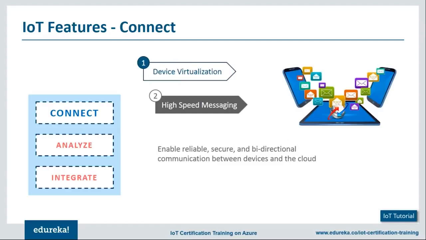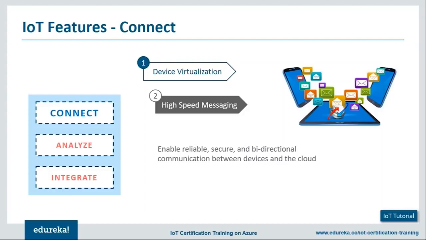Next comes high-speed messaging. Now I have connected all these devices to my platform. But these devices in turn generate a lot of data, and this data is what is going to help us understand better how we can improve the overall system and provide the user with a better experience. So for that we need high-speed messaging.